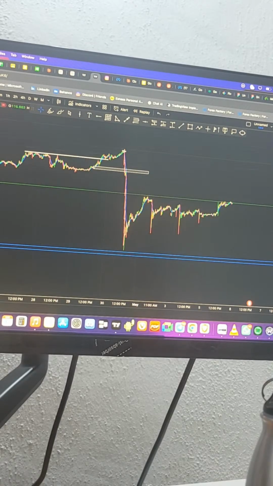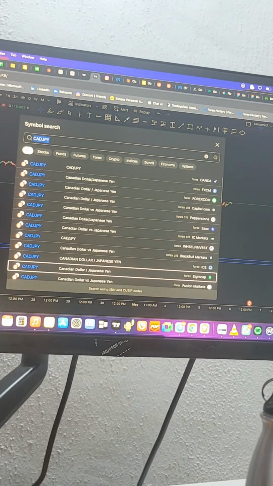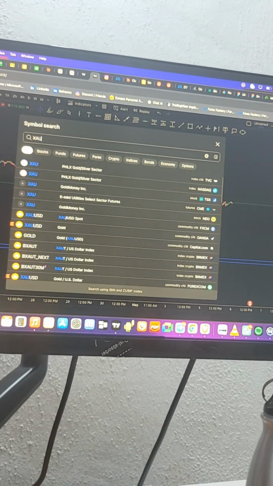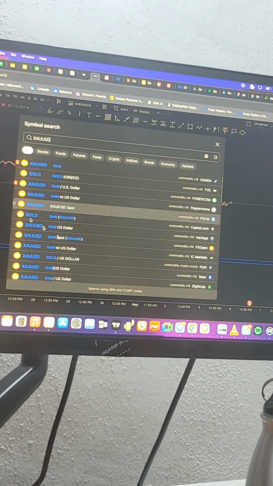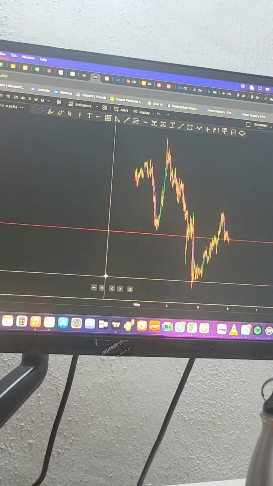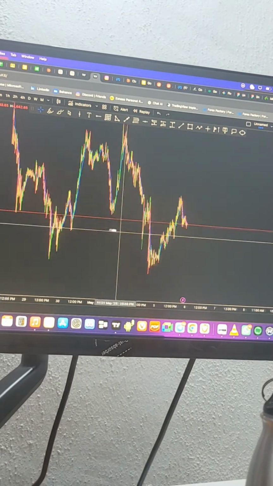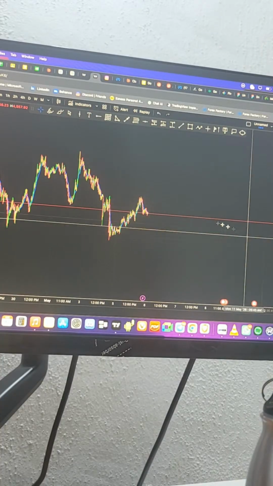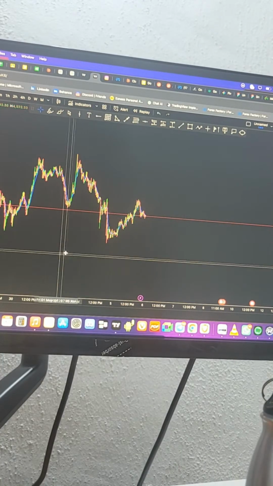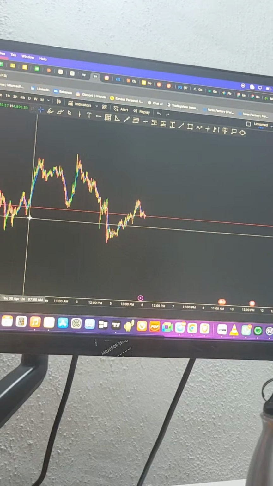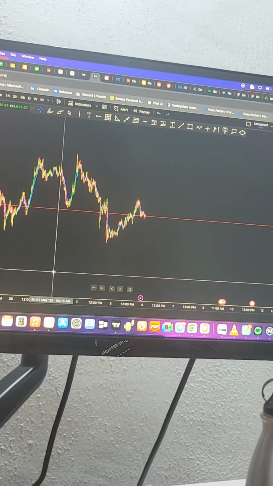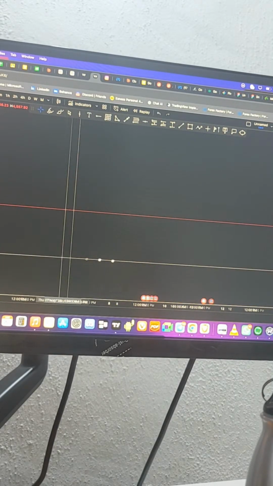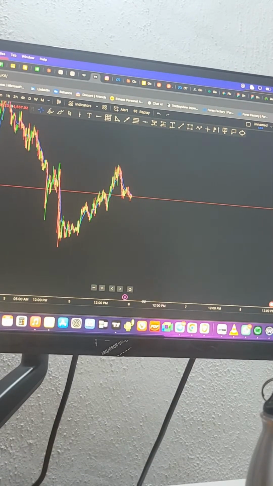So let me check what is happening on gold. Gold is currently very bearish. It's in a bearish trend, so you should be looking for sell opportunity on gold, guys.